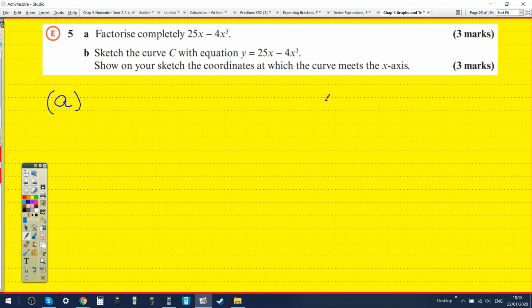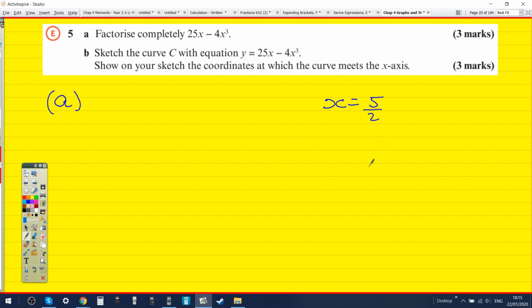So x equals, I'll write it as 5 over 2. Make that equal to 0. How would you rearrange that to make it equal to 0? I'm not sure.